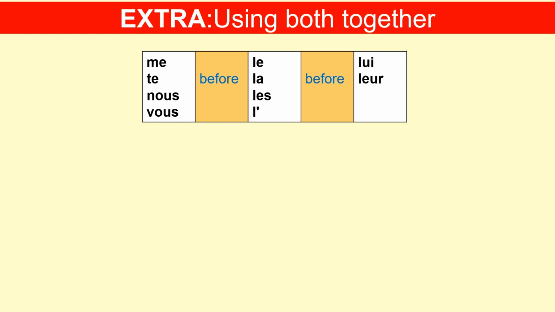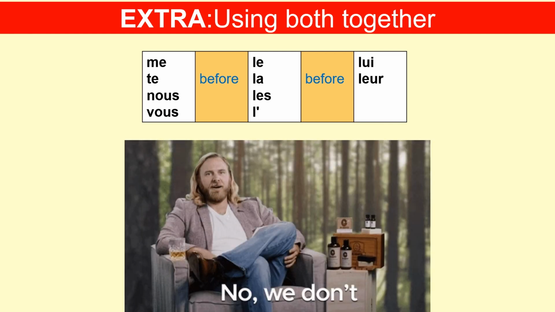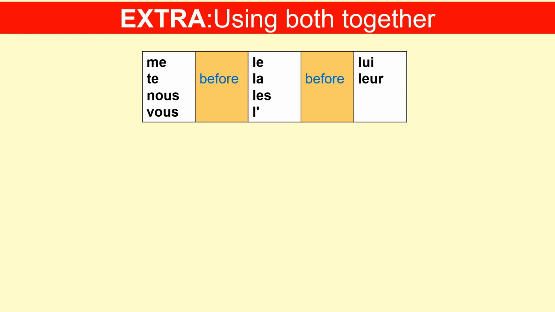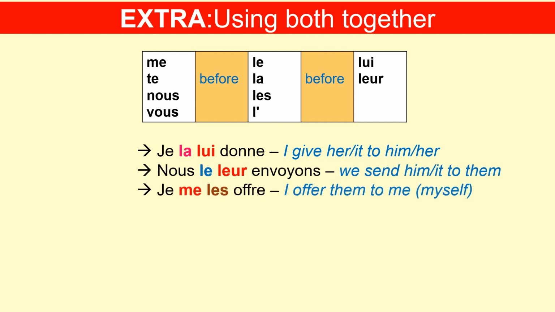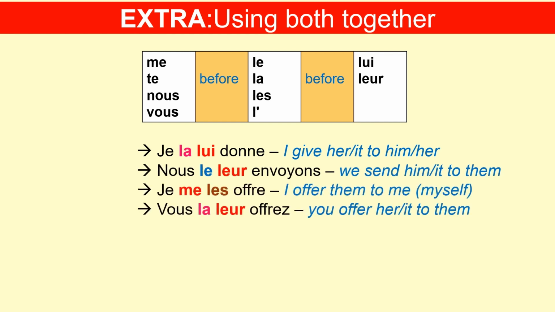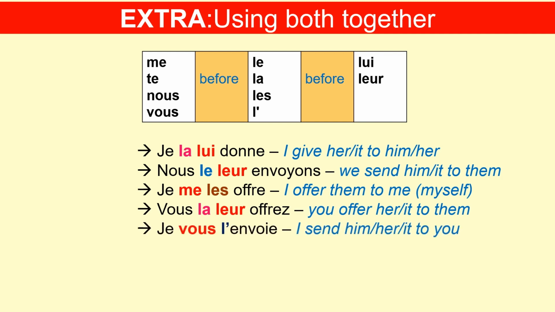However, do not be surprised if you hear something different when listening to French people, because we might not always follow this particular order. But here is the rule, and here are some examples. Je la lui donne. Nous le leur envoyons. Je me les offre. Vous la leur offrez. Je vous l'envoie.